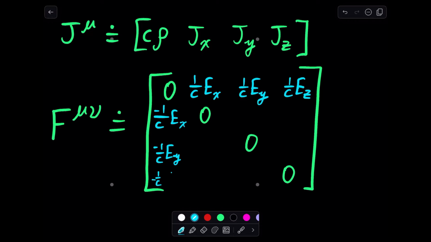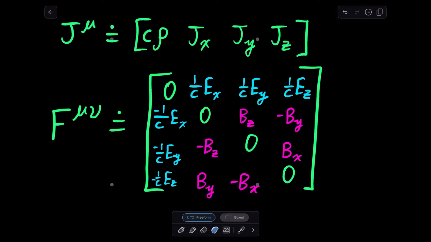And then in the center, you have Bz, minus By, Bx, minus Bz, By, minus Bx. And this is called the field tensor.